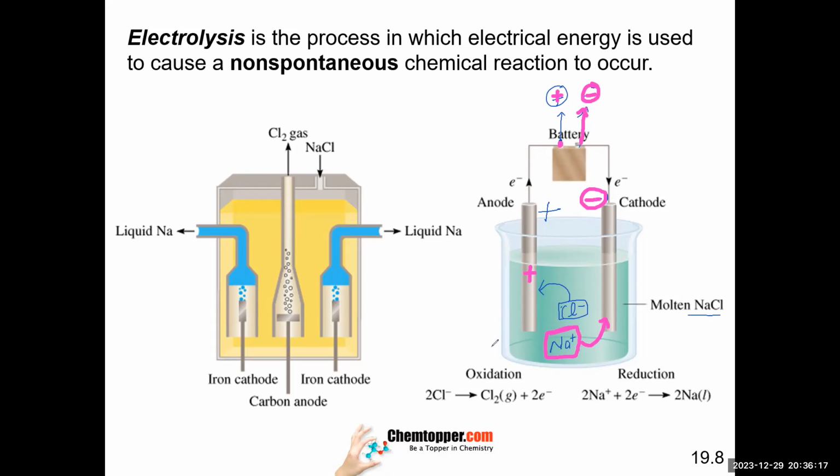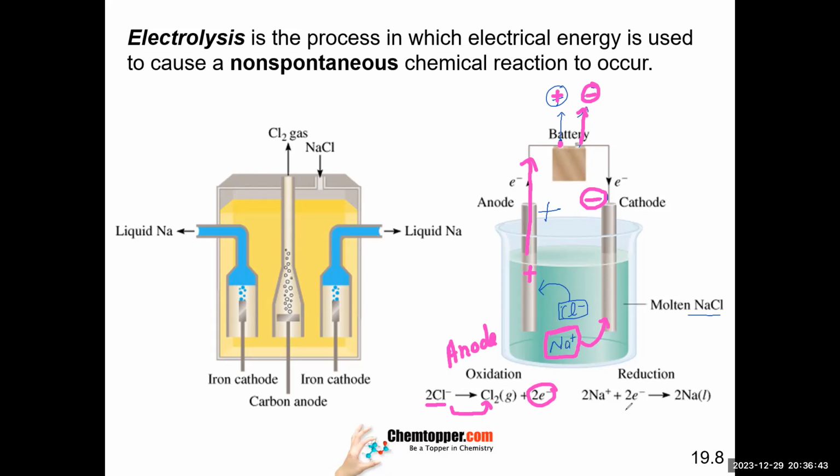Now what happens at the anode? Anode has a positive charge. It is asking for electrons. Cl minus goes over there and it will get oxidized to Cl2, losing these two electrons. And where these electrons will go? Up here in the battery. Right? And what happens on the cathode?